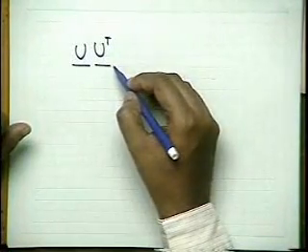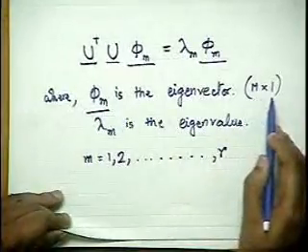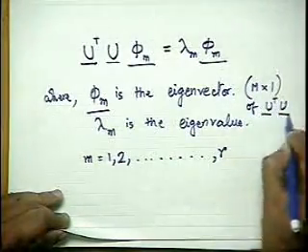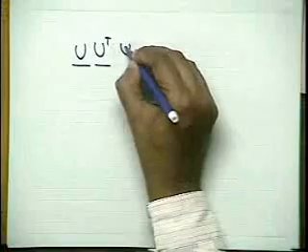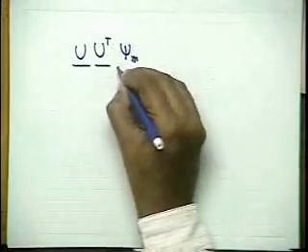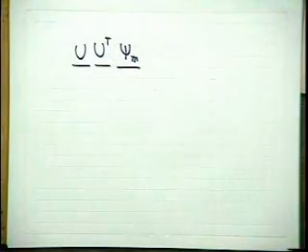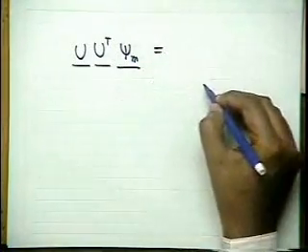What should be the size of the eigenvector? N by 1. Phi m I have defined as the eigenvector of size m by 1, the eigenvector of U transpose U, and now I am going to consider the eigenvector of U transpose, which I consider to be psi suffix m, being the mth eigenvector. And that should be equal to what?